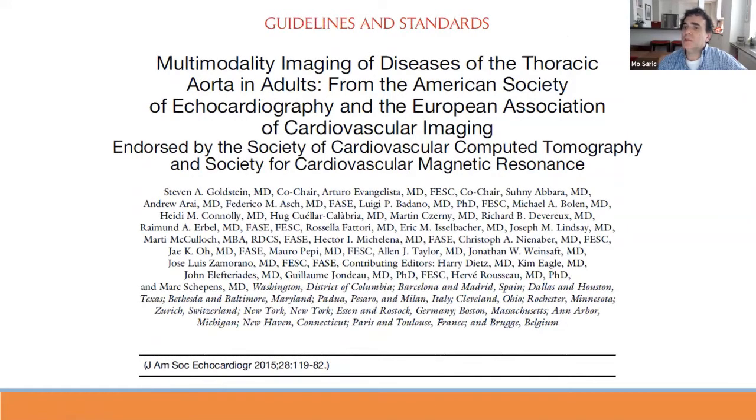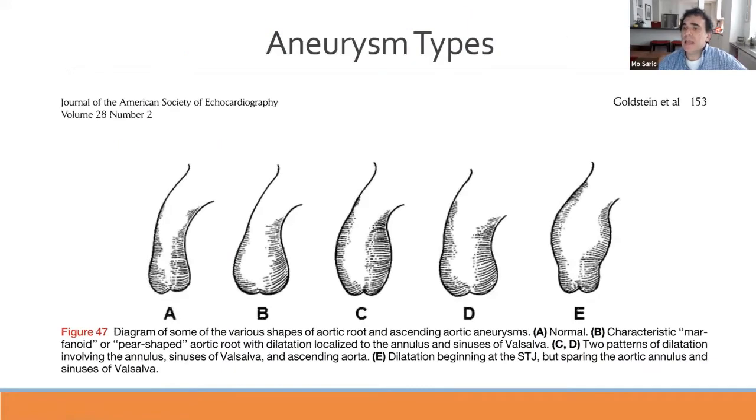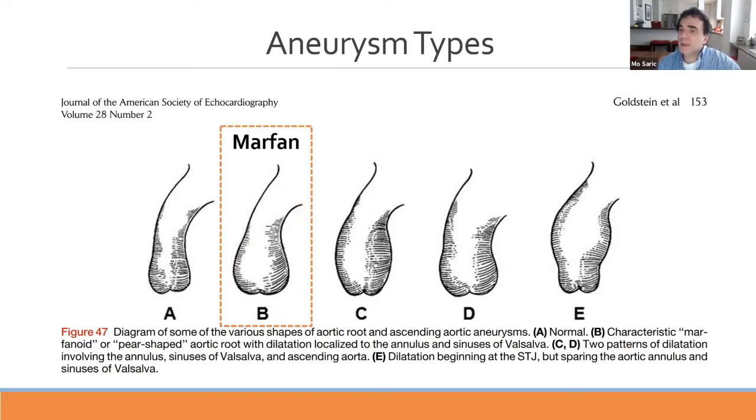Now if you look back at the 2015 guidelines on multimodality imaging of the thoracic aorta in adults, these are the aneurysm types depicted in this document, and pattern B is characteristic of Marfan syndrome.